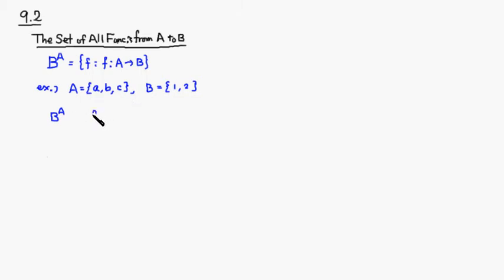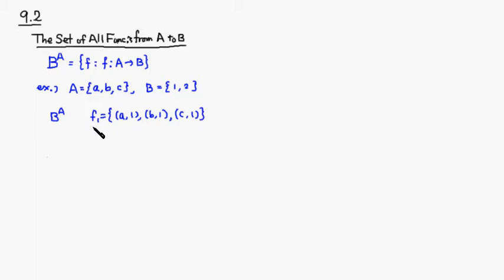So there are, let's say, function F1. In order to be a function, each element of A has to be mapped to something, so I'm going to map a to 1, and b is going to be mapped to 1, and c is going to be mapped to 1. That's a perfectly good function.